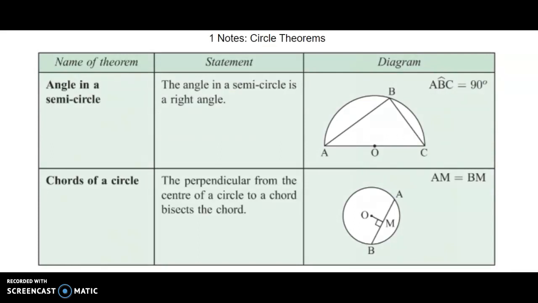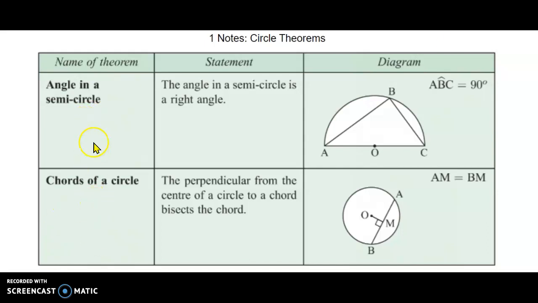I hope you have some type of notes, whether it's OneNote or your math notebook at home. I want you to jot down a few of these theorems first. We've got angle in a semicircle and chords of a circle.